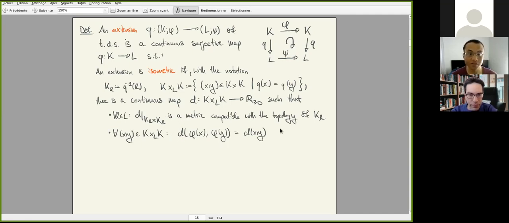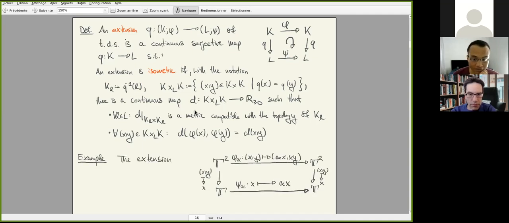And all of this just means that one has a quotient map, and on the fibers of this quotient map, one has a continuous family of metrics which satisfies an invariance property. And the standard example, which is also going to stay with us for the rest of the talk, is the skew rotation. Here at the bottom, we have the irrational rotation, which we're already familiar with.